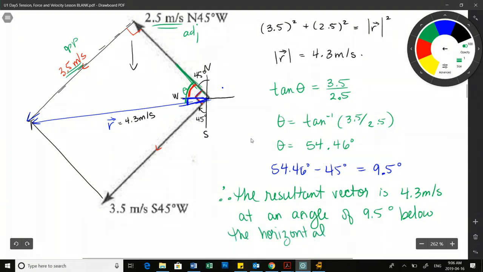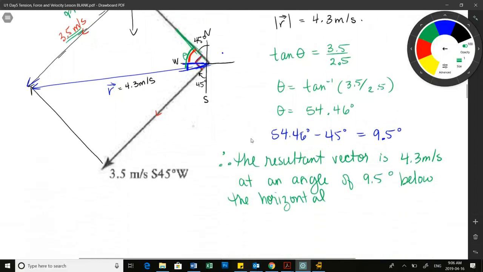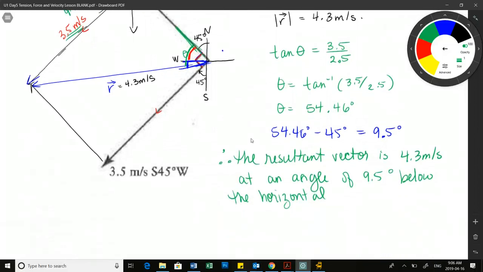So if you want to say southwest, you need to subtract 9.5 from 90. So it'll be like 80.5. So it'll be south 80.5 west. But this one specifically asks for the direction relative to the horizontal vector. Okay? So this is the vector that we just found. We found like 9.5 below, like so.